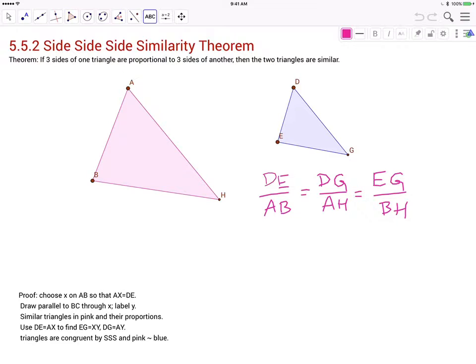Okay, we're going to take this length. So separately, that's the given.